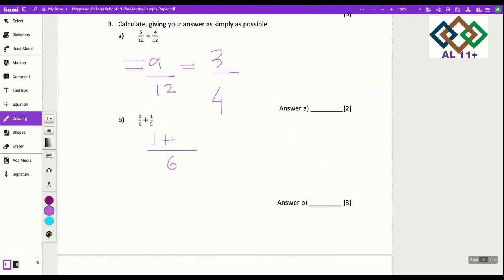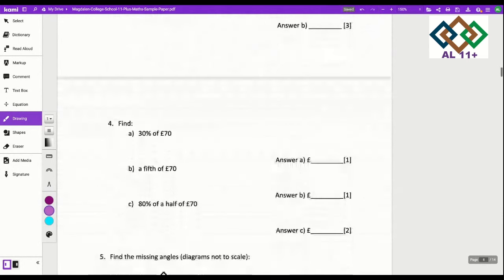Plus 3 twos are 6, 1 twos are 2. You will have 3 over 6. Try to simplify that. 3 over 6, in which table you get it, that's half is your answer.